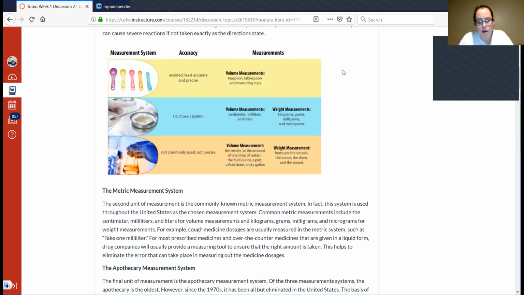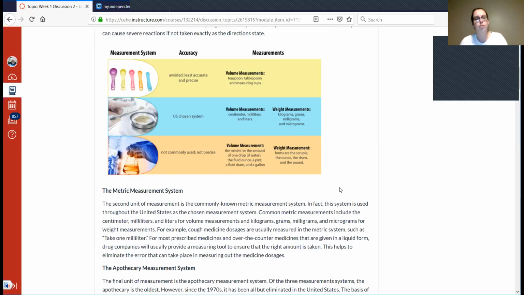It's related to the English system in that we use teaspoons and tablespoons, etc. But when we do our drug calculations, all of our calculations are in the metric system. You may remember that. We calculate a number of drugs dosed in a number of milligrams, or less often grams or micrograms.